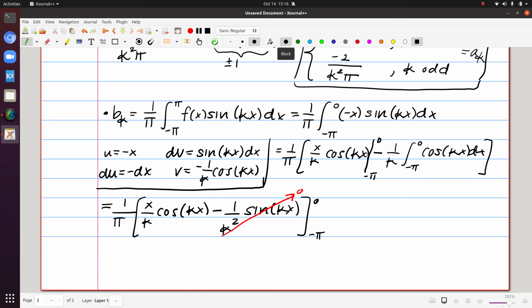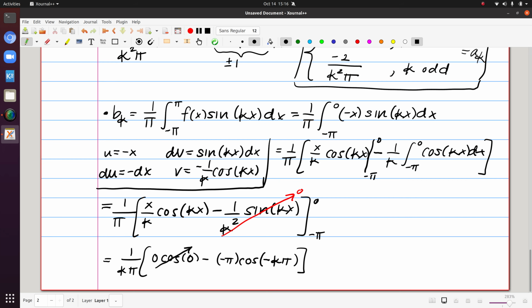I'm left with 1 over k pi. When we plug in our bounds, we'll have 0 times cosine of 0 minus negative pi times cosine of minus k pi. So this really only reduces to that one term because we can get rid of 0 times 1.